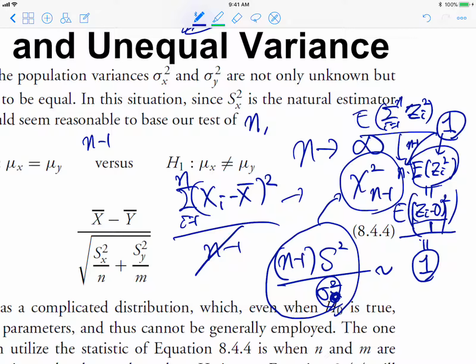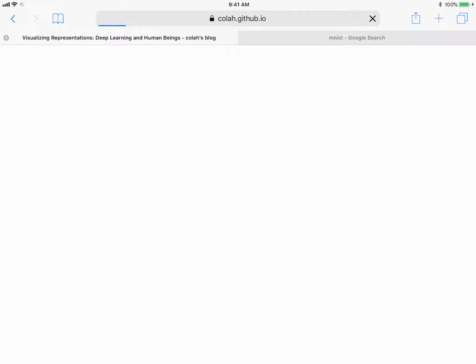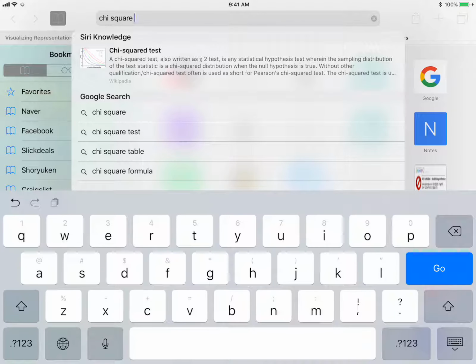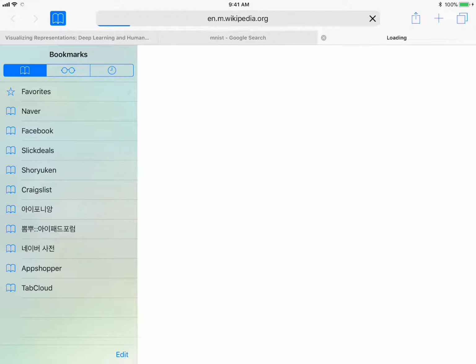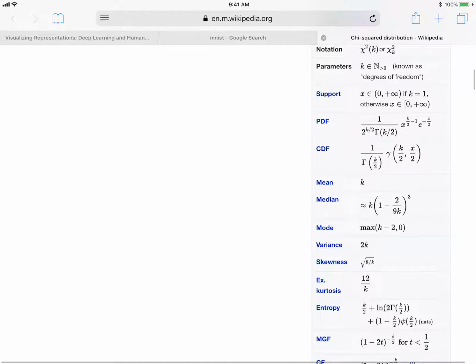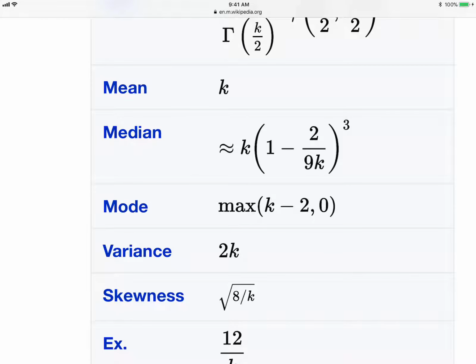So the mean is k, where k is the degree of freedom, and then the variance is just 2k. So the variance is 2k or 2n. Although we didn't prove that, that is a property.